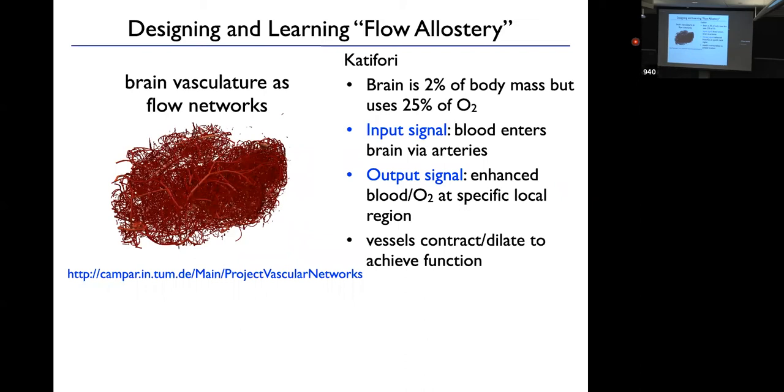Again, I have a localized input at the source, the arteries, and I'm directing by varying the conductances in this case, not the spring constant, so not the presence or absence of a spring. I'm varying the conductances of the vessels to get a localized pressure drop some distance away. So it's the same problem. I'm going to call that flow allostery.